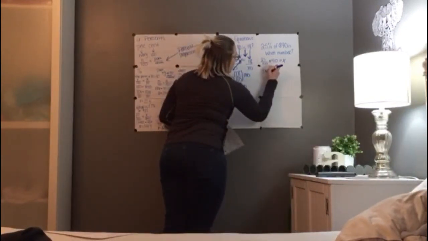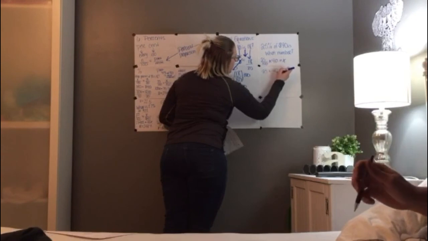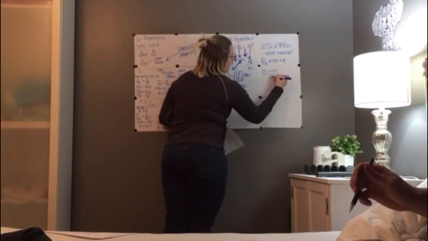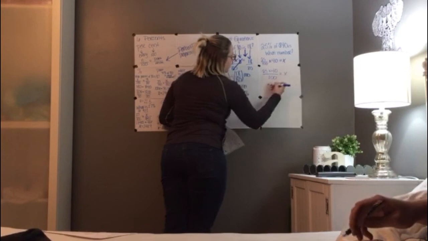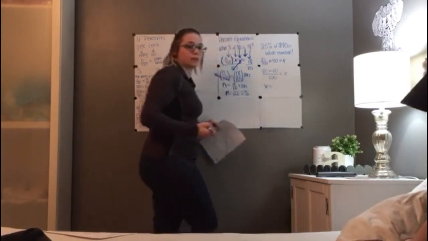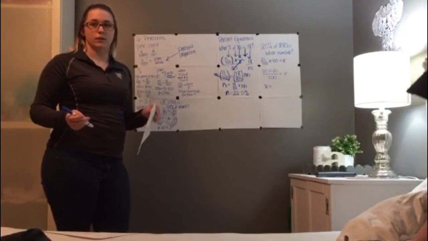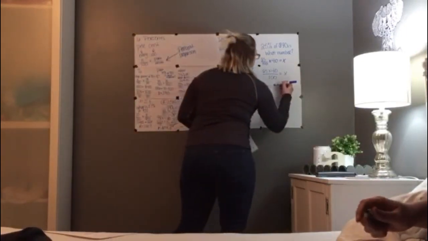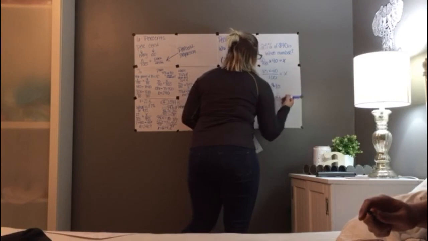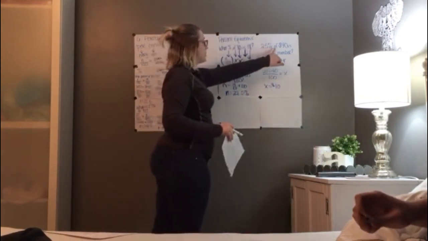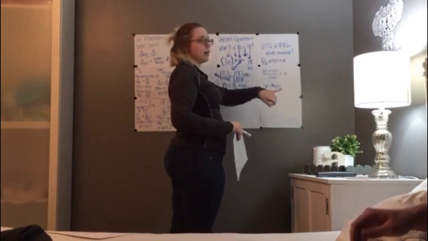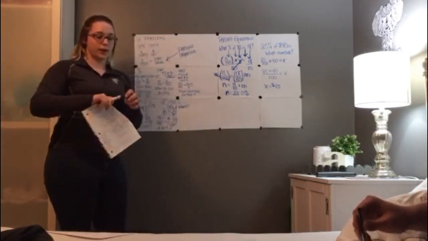So you could do 25 times 40 and then divide by 100. And what would you get? 10. So 25% of 40 is $10. Does everybody understand?